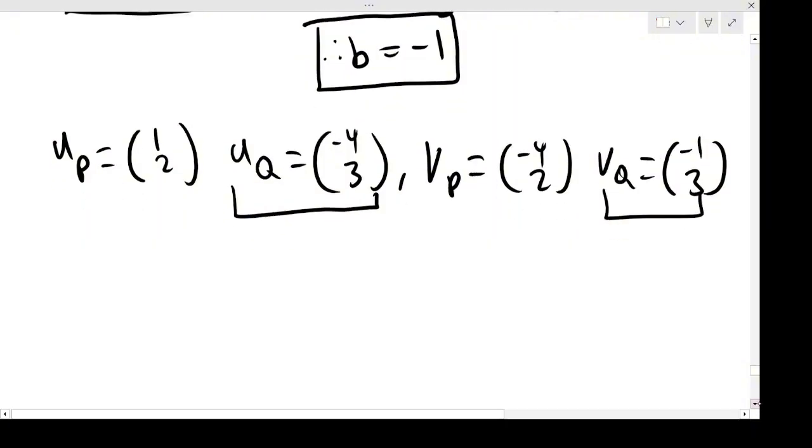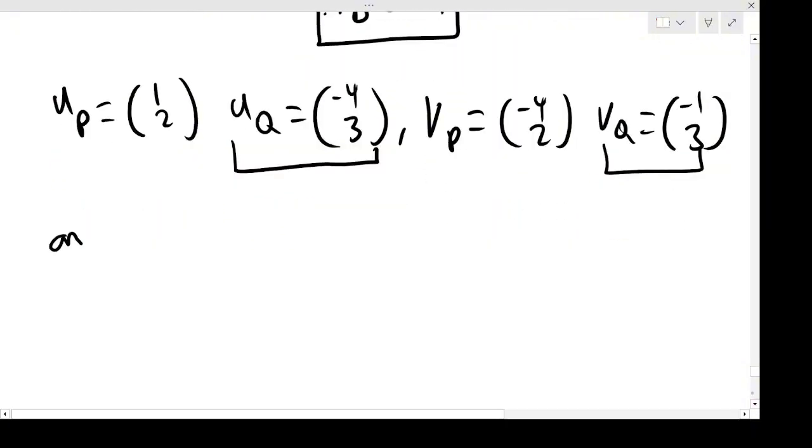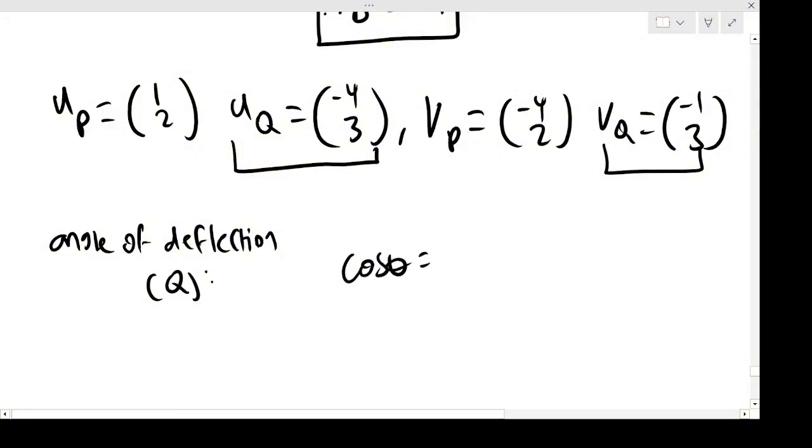So the angle of deflection for Q, that's going to be cos theta, and so that's going to be the two velocity vectors minus 4, 3 dotted with minus 1, 3 over their magnitudes.